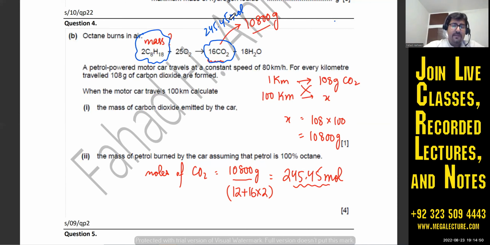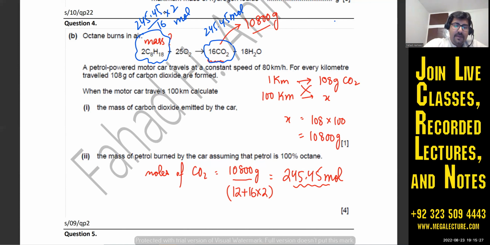It's going to be 245.45 divided by 16 times 2. इसी तरह हम ratio लगा रहे थे ना कि it's moles of this divided by 16 times the other one. So you'll find the moles of this thing.